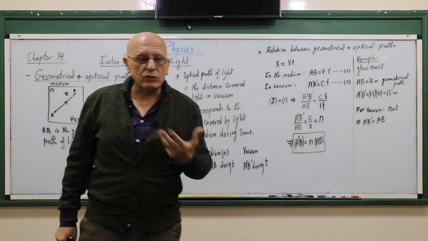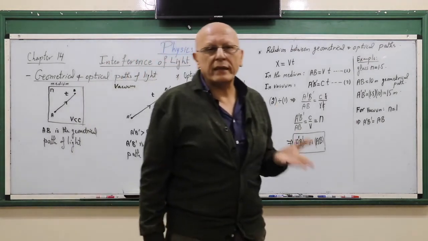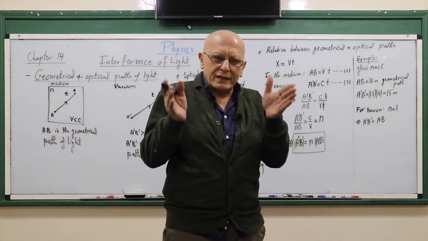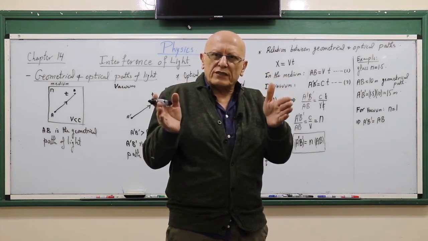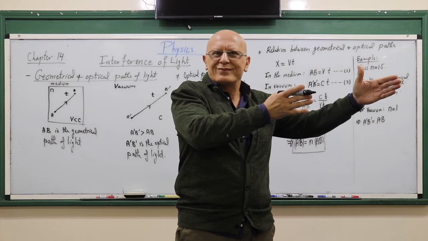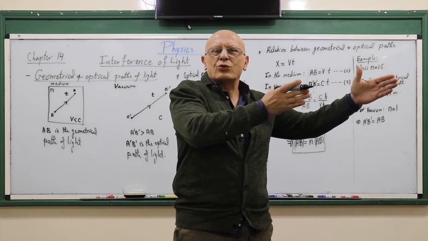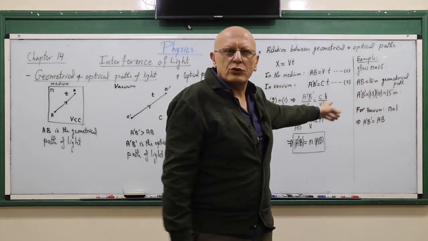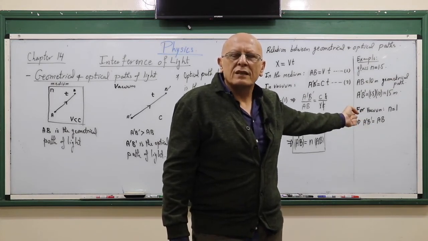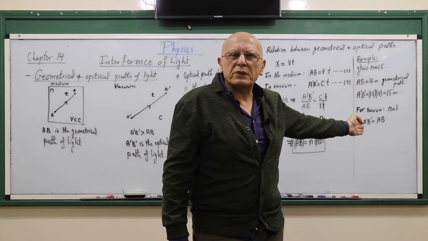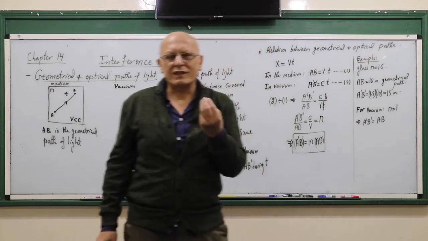If I ask you what the optical path is, you change this medium, which is vacuum, to vacuum in order to find the optical path, and you write A prime B prime equals nAB, but n is 1, so A prime B prime equals AB.